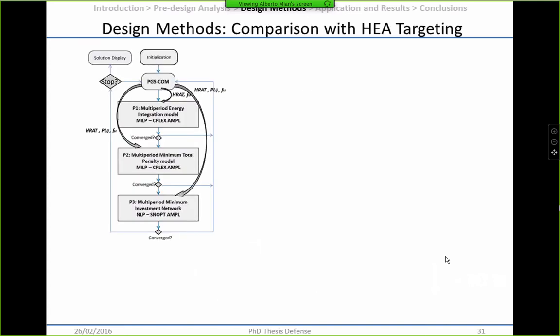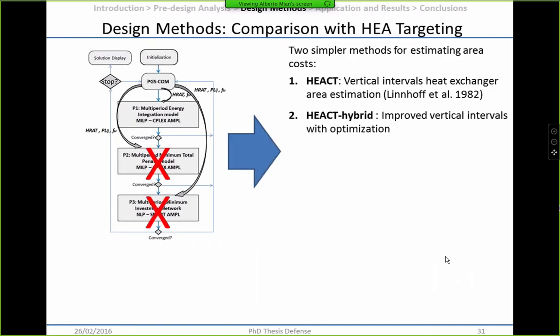If you consider what I had done, I erased these 2 steps, and considered 2 alternative methods that allow to just estimate the cost of the heat exchanger without the need of solving these challenging problems.